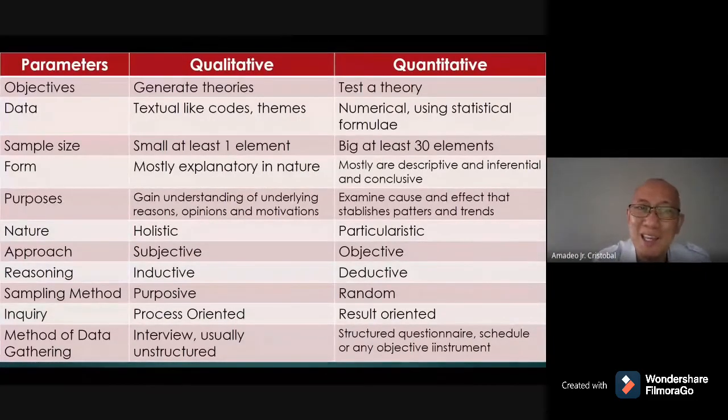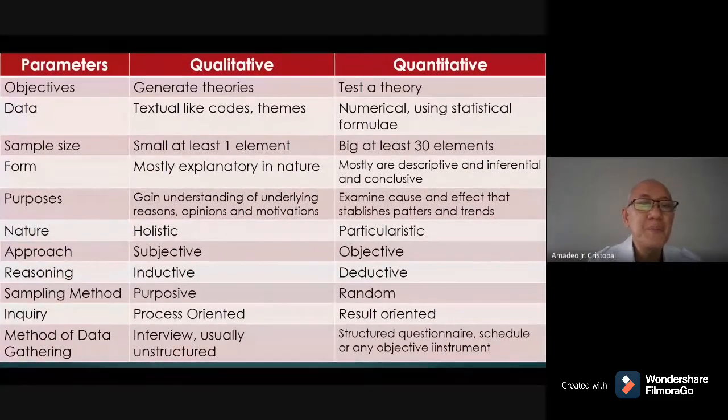That is qualitative. But in a quantitative, you need at least 30 elements. When we say elements, that's the persons, the smallest element. So at least 30. Because in a quantitative, we use a statistical formula, and usually statistical formulas are used for group data. And the smallest number of members in a group is of course 30. So that's the smallest number for a quantitative.